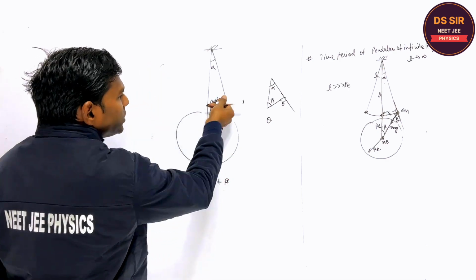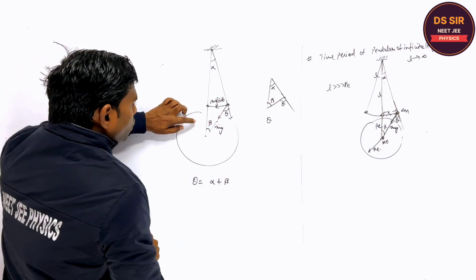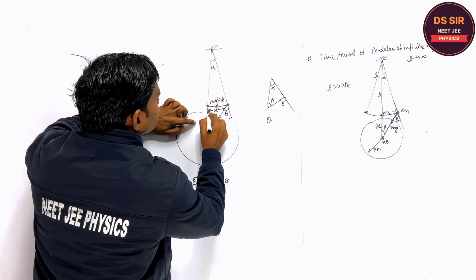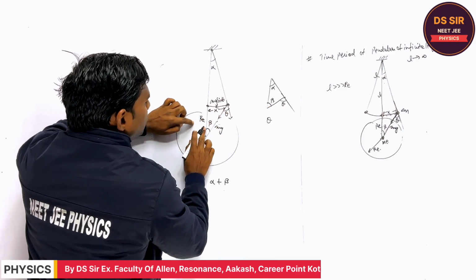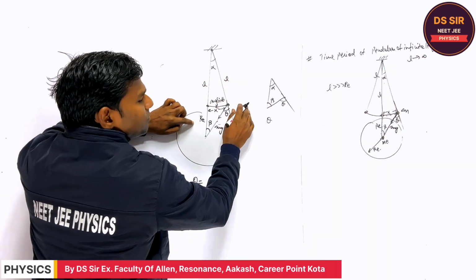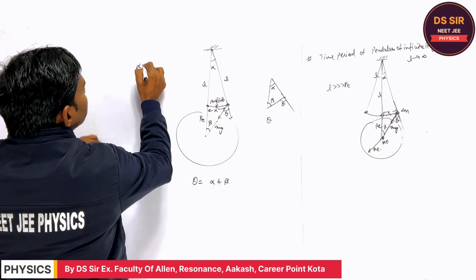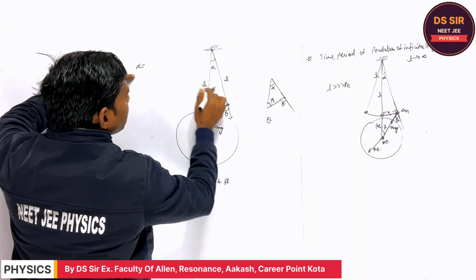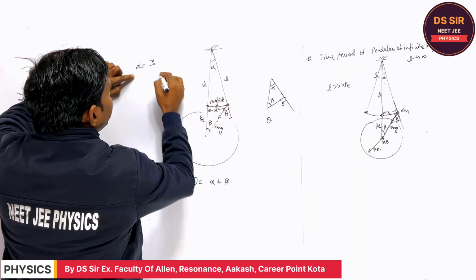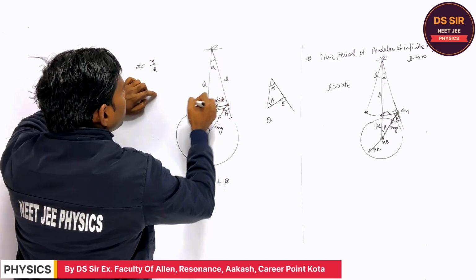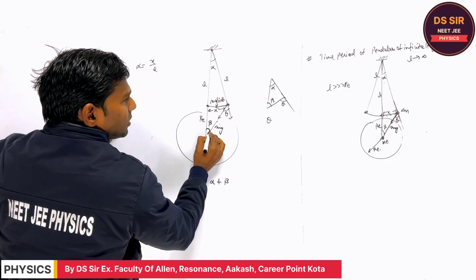And the restoring force is mg sin θ. Now if I assume this is x, this is R_E, and this is L, angle is equal to arc upon radius. And what is beta?